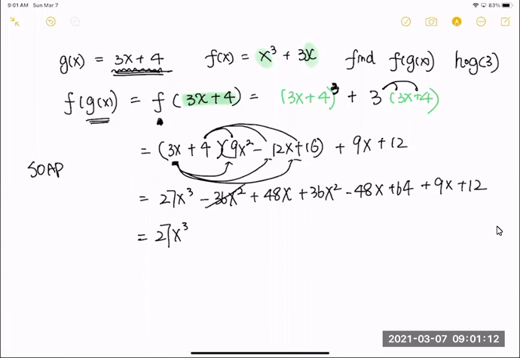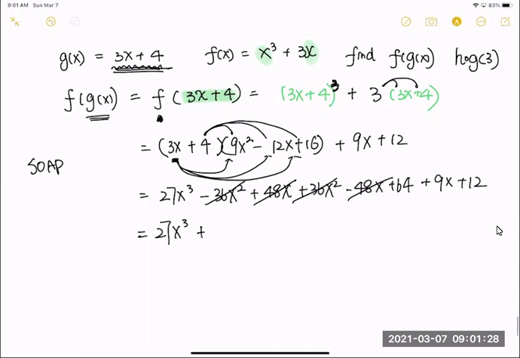I have 36x squared and negative 36x squared. These cross cancel. And then I have positive 48x and negative 48x. Cross cancel. And then I have 9x. And then 64 plus 12 equals 76.